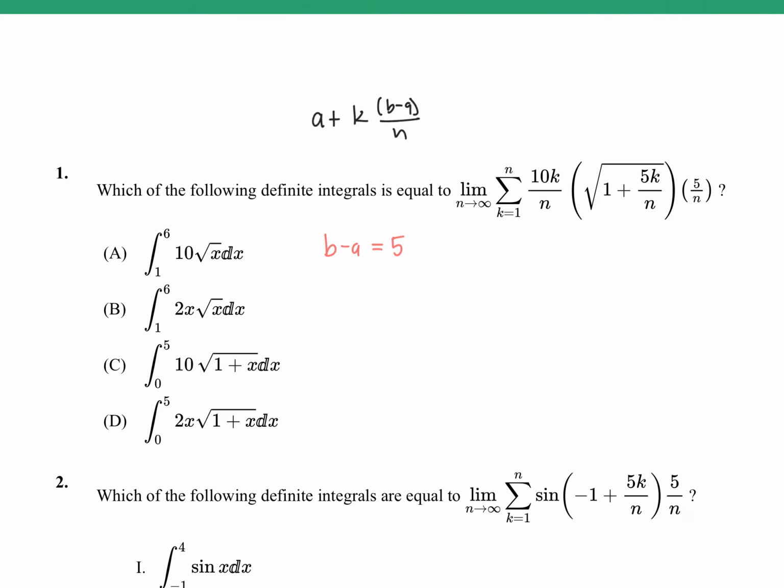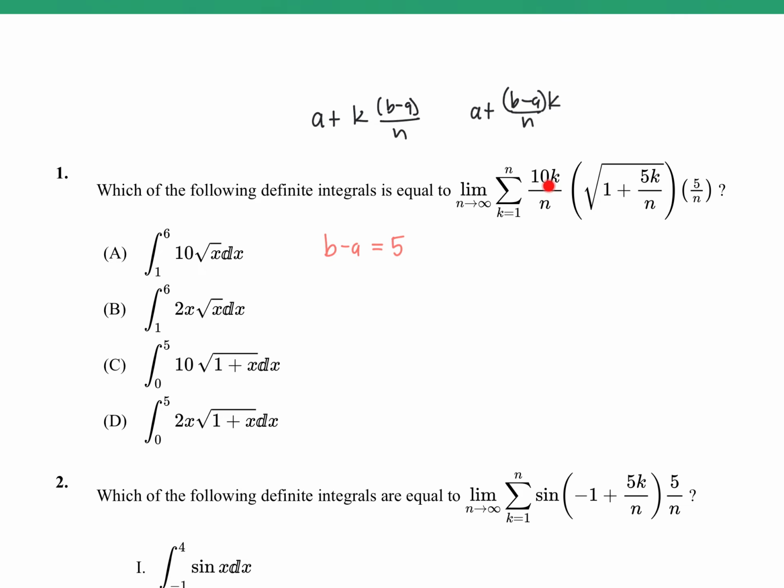Here the k comes second, it's really a plus b minus a over n times k, how they're writing it. So if you compare this to this, you would think that this a would be 1, but if a was 1, this is the expression that you'd be plugging in for every x. Anywhere you see an x, you'd have to plug this in.